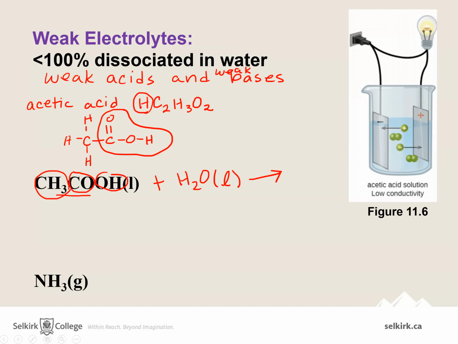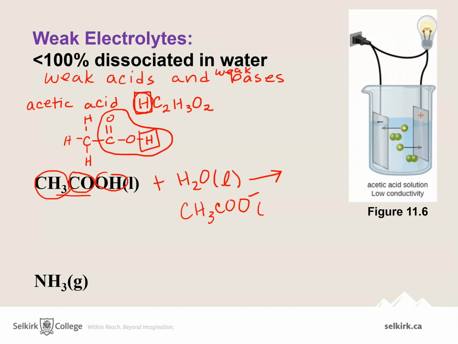And how do they react? Acids donate hydrogens. Acetic acid is a monoprotic acid. It only donates 1 hydrogen. That's why in this kind of formula, they put only 1 hydrogen at the front. And it would be that one, for reasons we'll see later. So what do acids do? They lose H+.